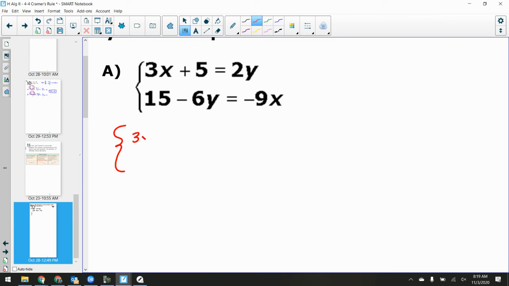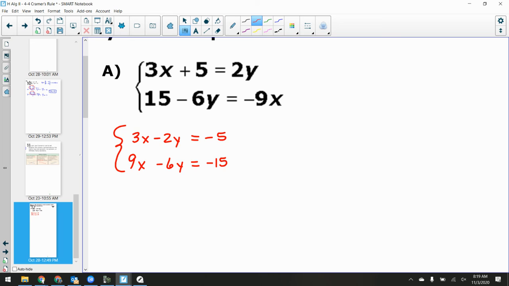I need to subtract the 2y over to the left side, and I would end up subtracting the 5 over to the right. So we have 3x minus 2y is equal to negative 5. I would add the 9x to the left side. I would have a positive 9x minus 6y. I'd have to subtract the 15 to the right side, minus 15. Questions?